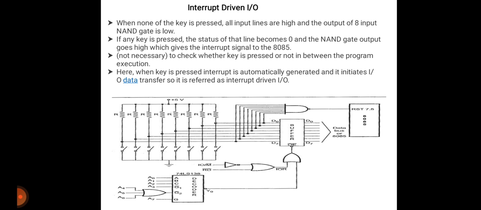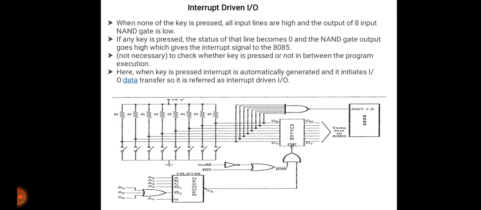Then the last one is interrupt driven IO. You can see here the figure of the interrupt driven IO. When none of the keys is pressed, all input lines are high at logic 1 and the output of the 8 input NAND gate is low, means 0.